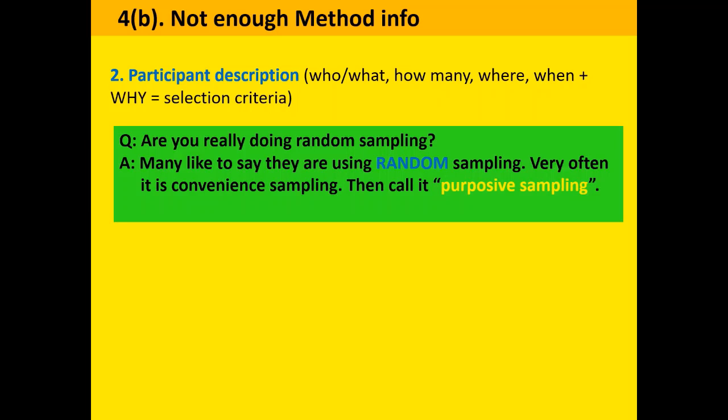If you're doing anyhow or simply kind of sampling, I would suggest you use the word purposive sampling. It sounds better than convenient sampling. It means that you select people who fulfill your selection criteria. It could be people just around you, but still they fulfill your selection criteria. You purposely select them because they meet what you have set down is the selection criteria.